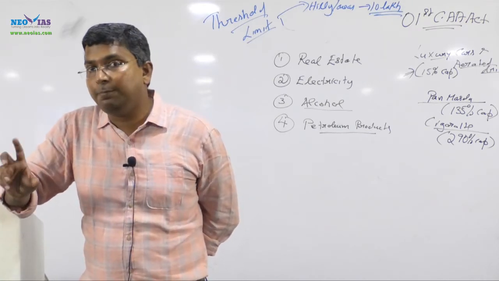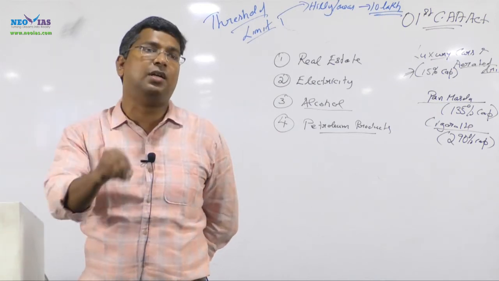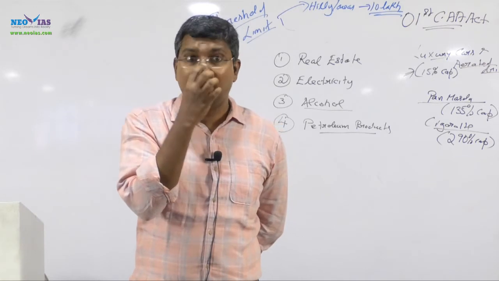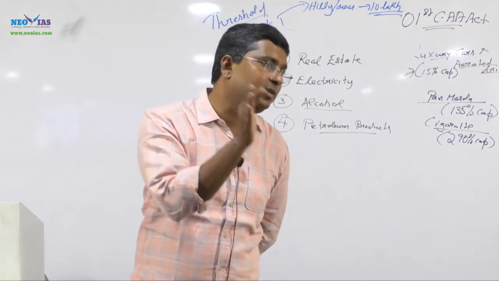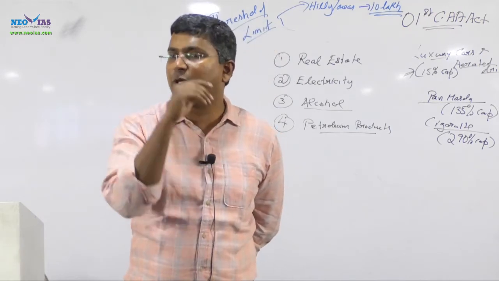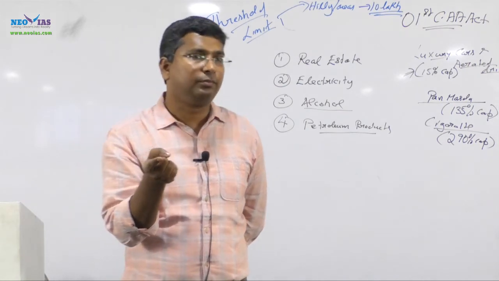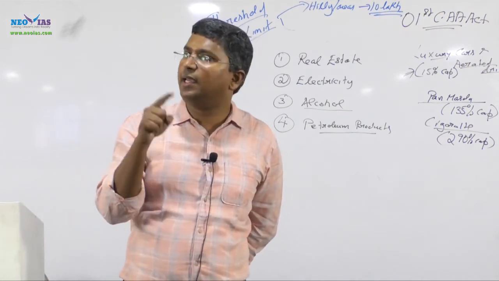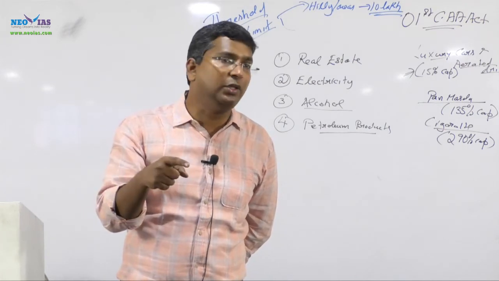But in the present context, petroleum products are mentioned under the constitutional amendment. It says that you require more consensus, because petroleum products are a major revenue for the state government. From petroleum products they get major revenue as sales tax, and it's also a major revenue for the center.